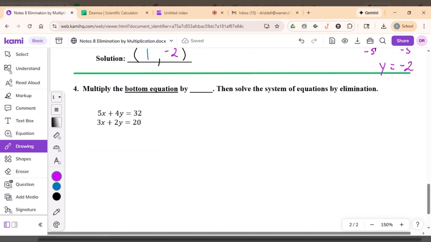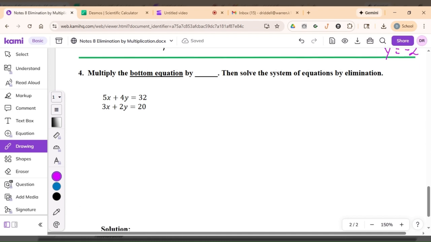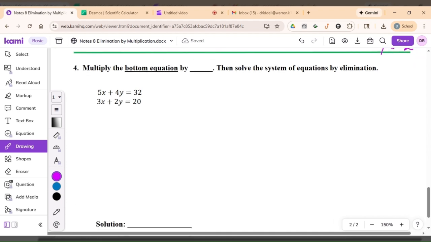Okay, so I'm going to give you one more example of this, because it's a new idea for us, and I want us to be proficient and feel comfortable. Looking at number 4, we have a new equation, and the y's don't cancel yet. The x's don't either, because when we add these, 5x plus 3x, that's going to be 8x, and a 4y plus a 2y, that is 6y. So nothing cancels yet.